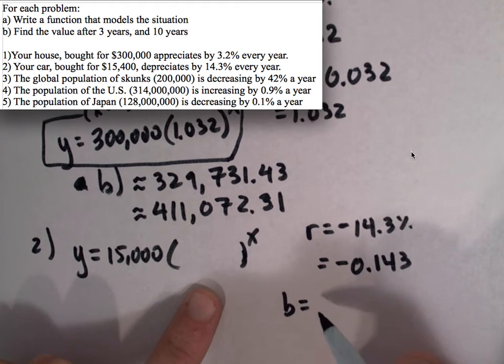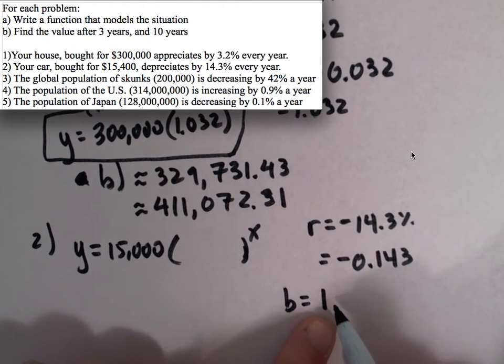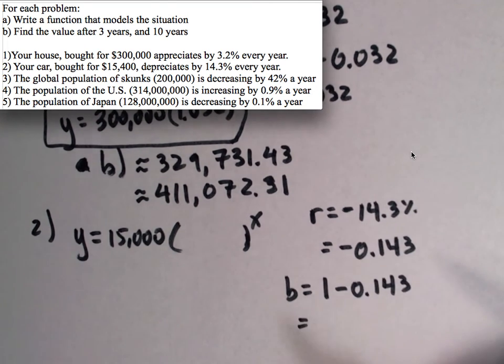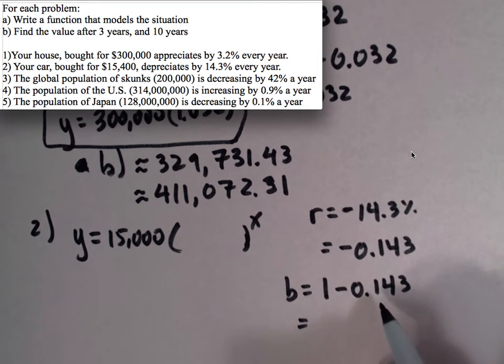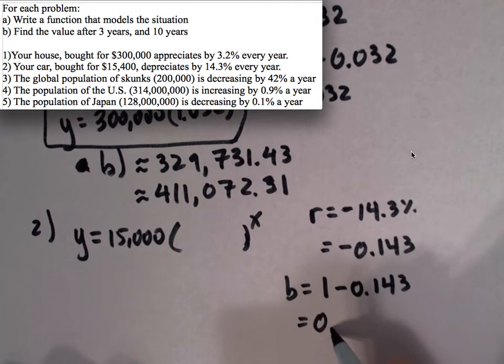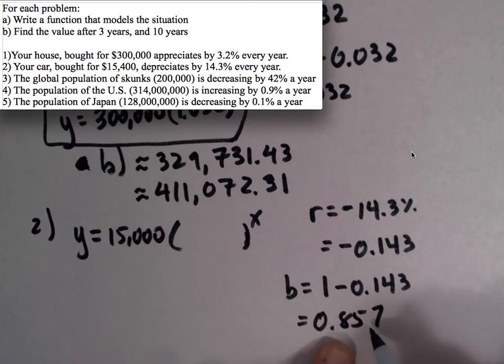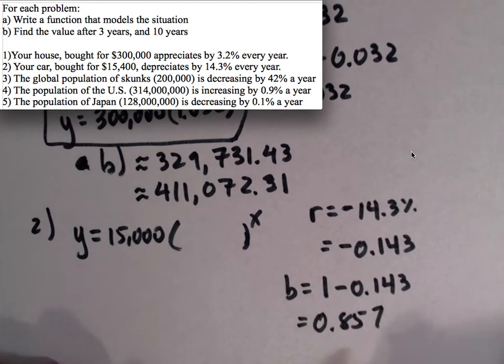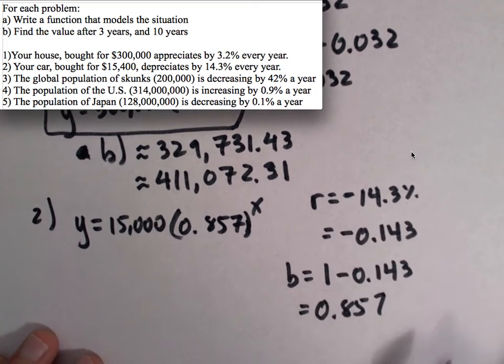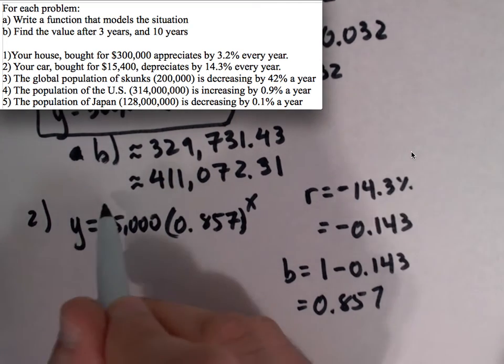To find b, b equals 1, and since we're depreciating, we go down 0.143. I think of this as 1,000 minus 143, so that would be 857. We can check that by adding it again: 857 plus 143 gives you 1,000. So that's our b. It's depreciating, so it's going down: 0.857.